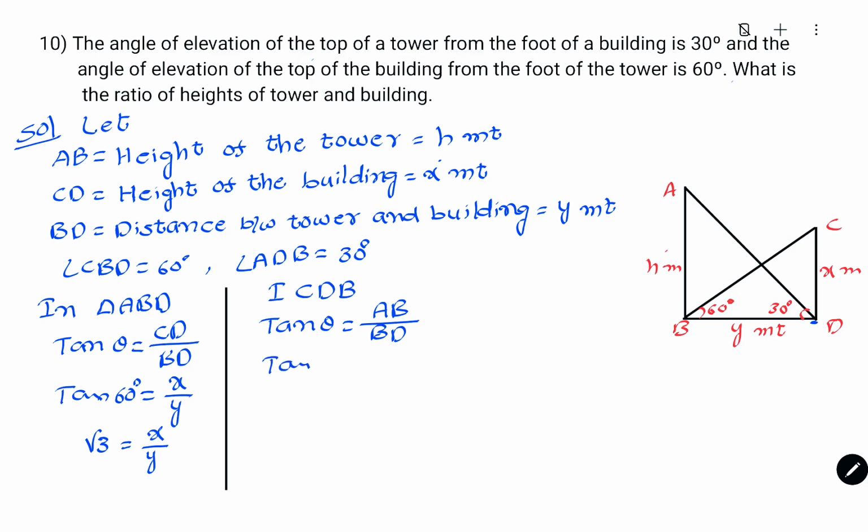Here AB is h meters, BD is y meters. Tan 30 is 1/√3, so 1/√3 = h/y.